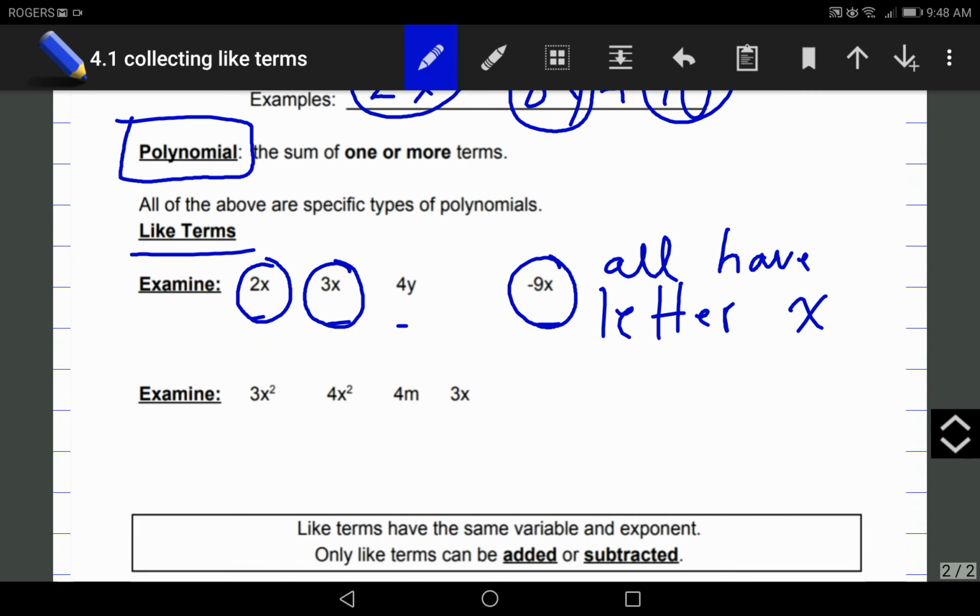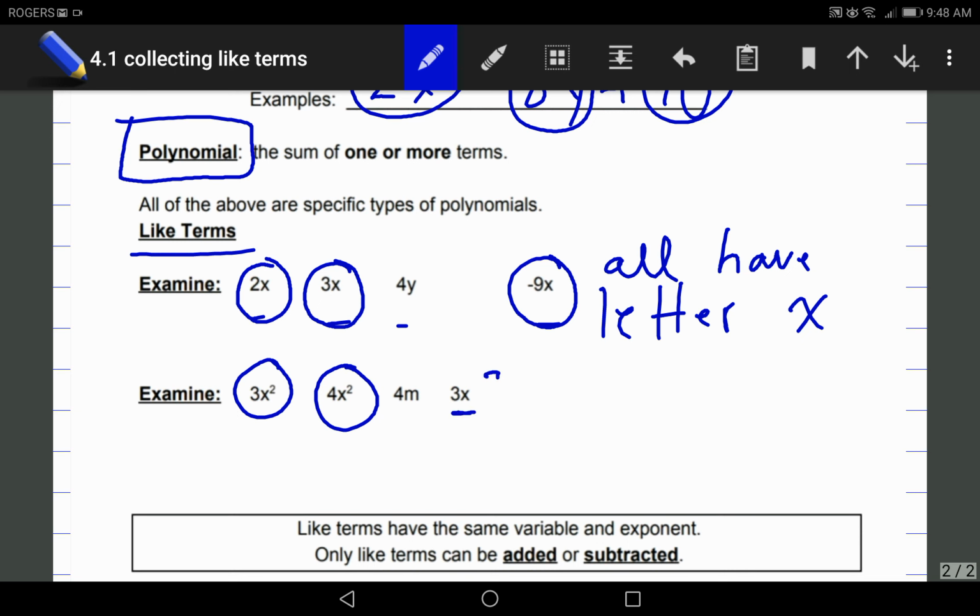Well, what if now we had 3x squared, 4x squared, 4m, and 3x? Which ones of those are like terms? This one and this one. I know what you're thinking. You're probably thinking, but sir, this has an x variable as well.